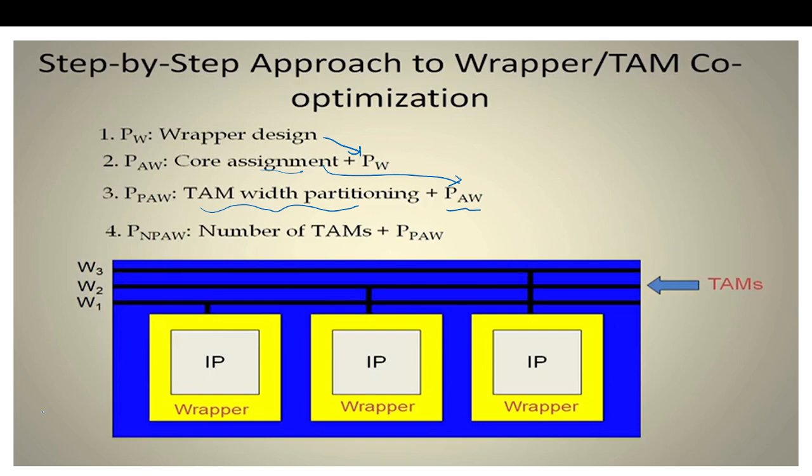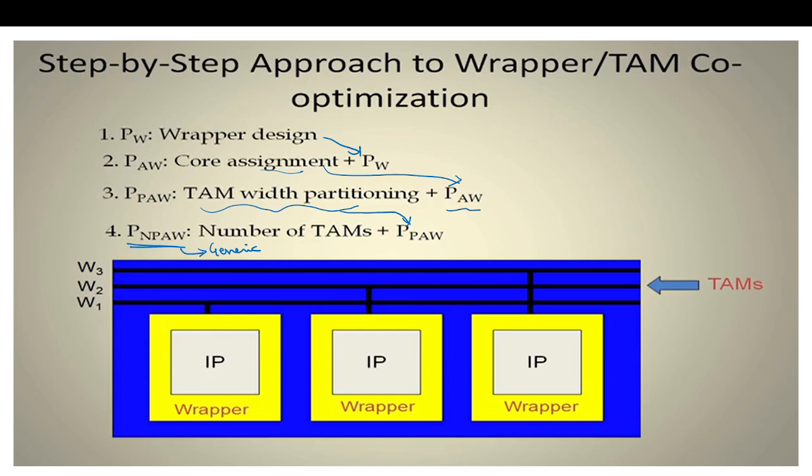Next, when we have PNPAW, the number of TAMs plus the TAM width partitioning, core assignment, wrapper design. So this one, PNPAW, is a generic optimization problem. It is a difficult problem, meaning we have multiple things to optimize.